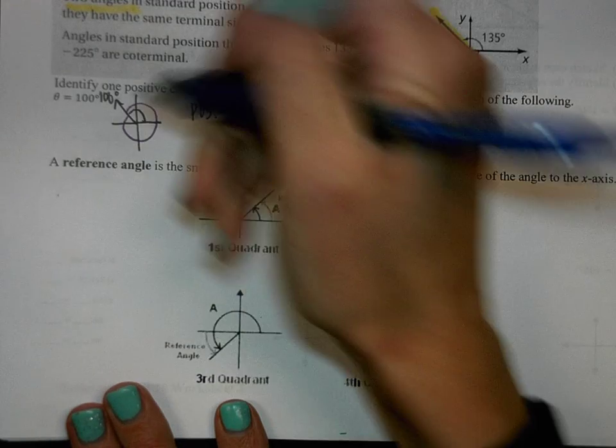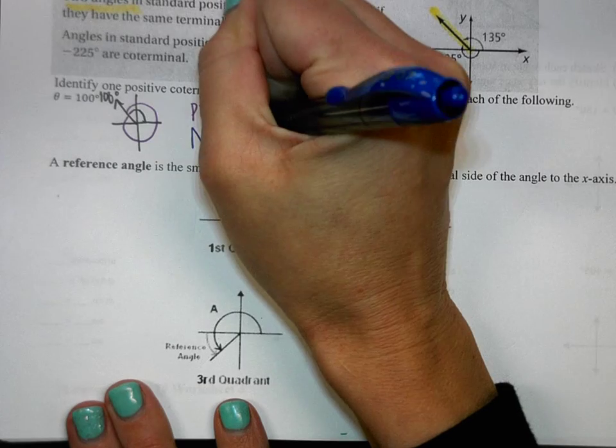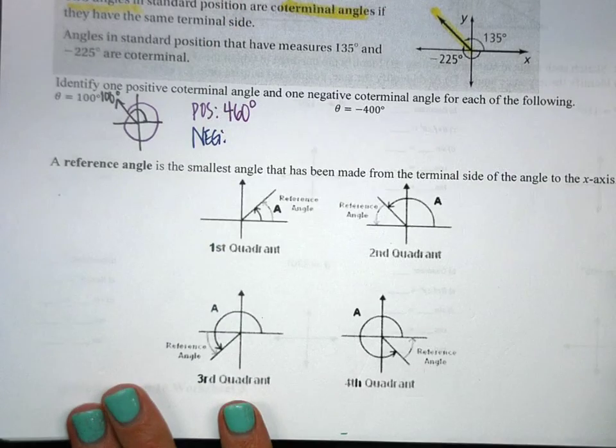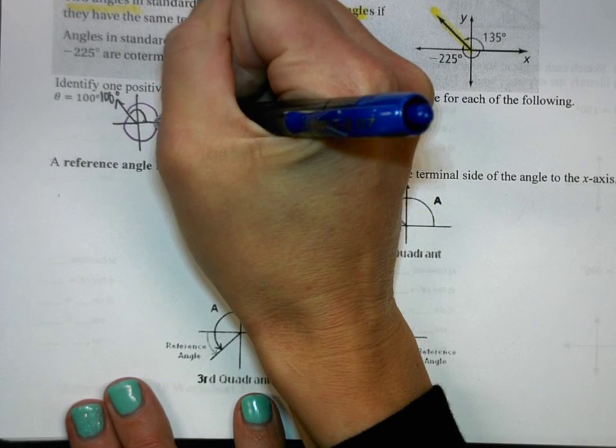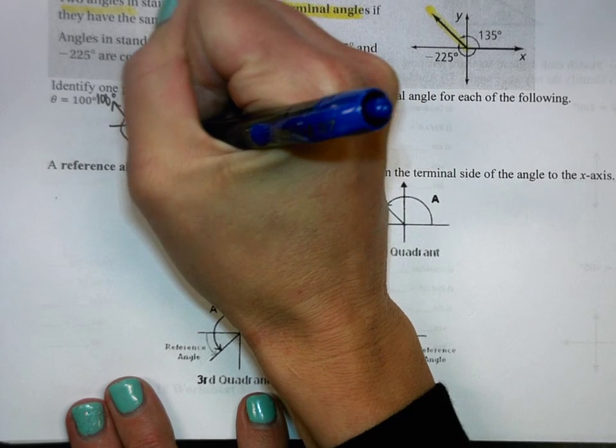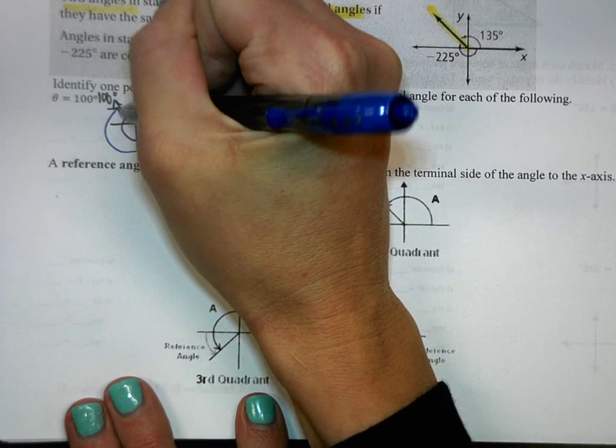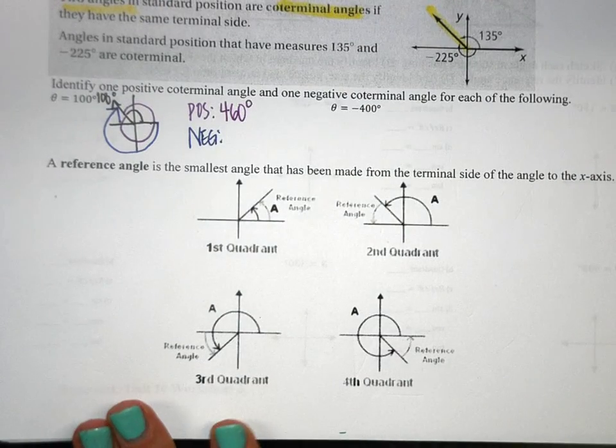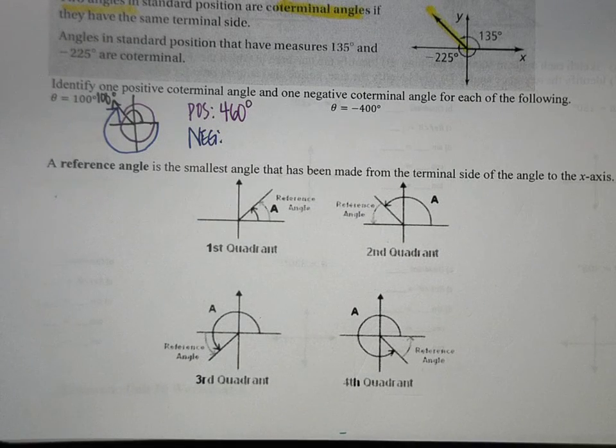Now, the negative coterminal angle would be where we start at 0 but go backwards to get to this point. What would that value be, or how could you find it? You're really close.